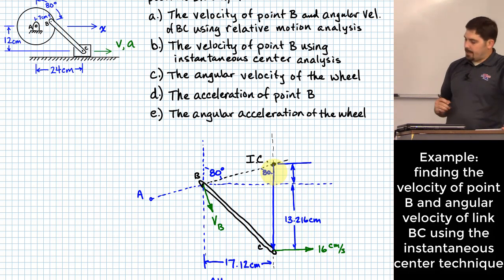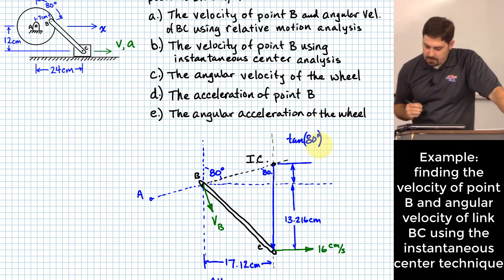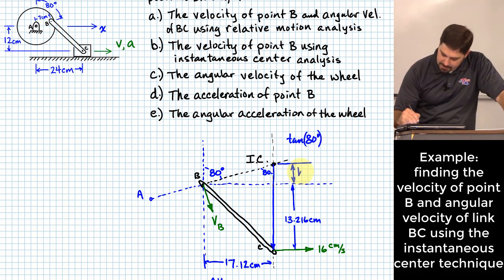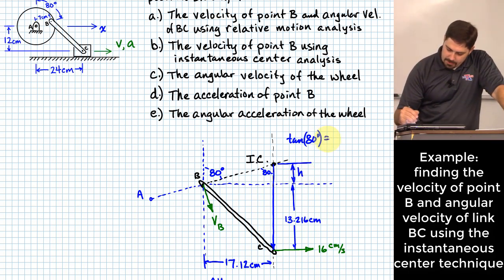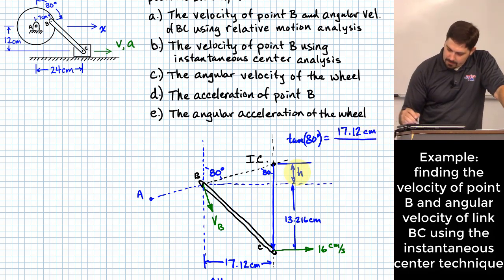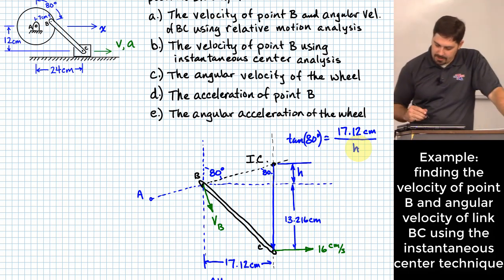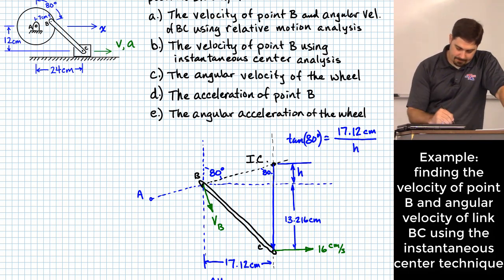The tangent of 80 degrees is equal to the opposite over the adjacent. Let me call this little piece right here h, just to have a variable that I can give it. This tangent function is going to be equal to the opposite, which is 17.12 centimeters, divided by h, which tells me that h is just equal to 17.12 centimeters divided by the tangent of 80 degrees.